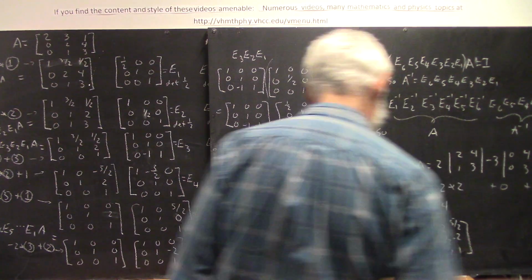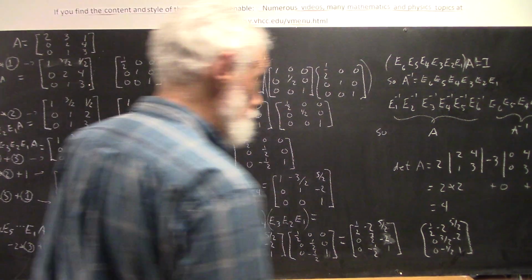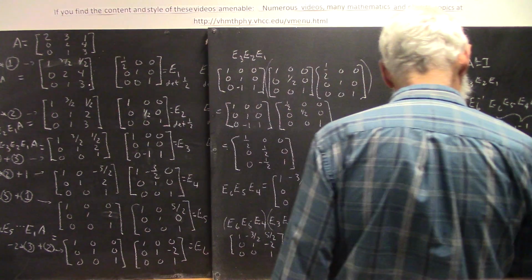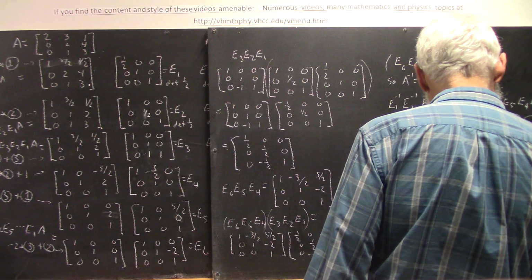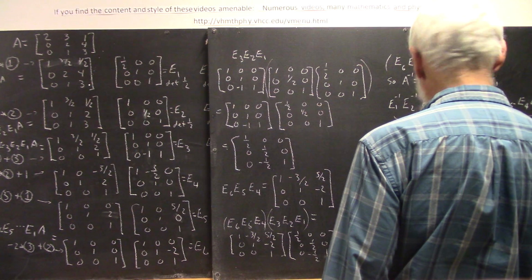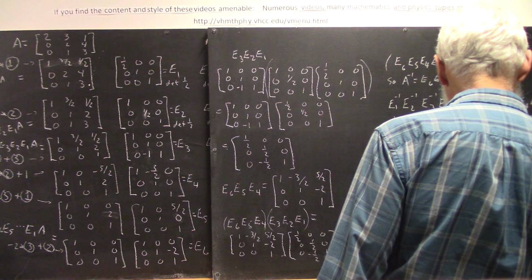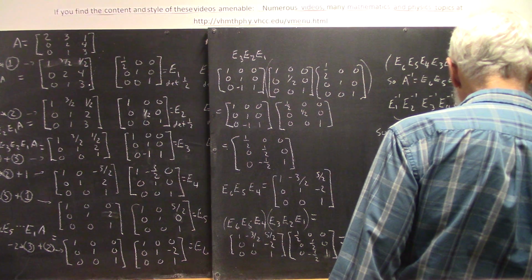You can't see me, of course, because I'm blocking the heck out of the board. Okay, and we multiply that by the original matrix, which is 2, 3, 1, 0, 2, 4, 0, 1, 3.